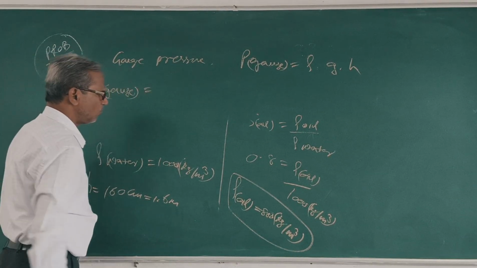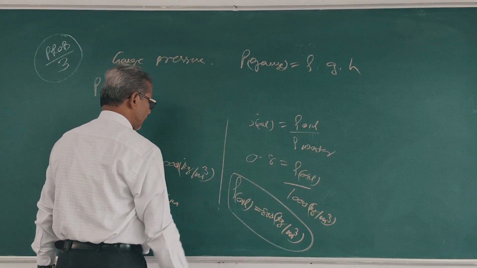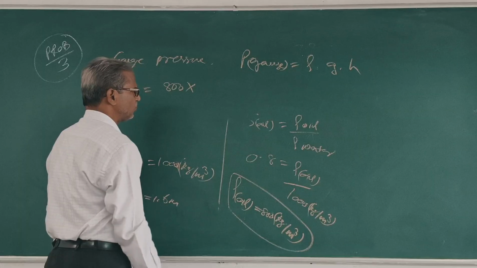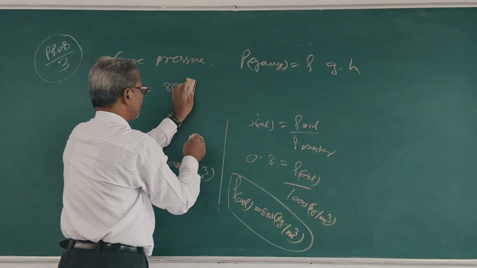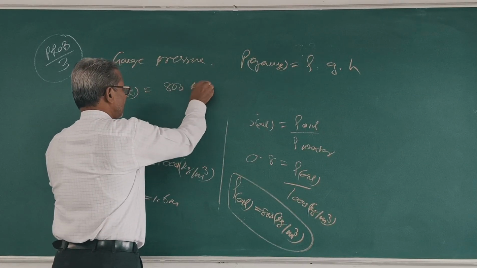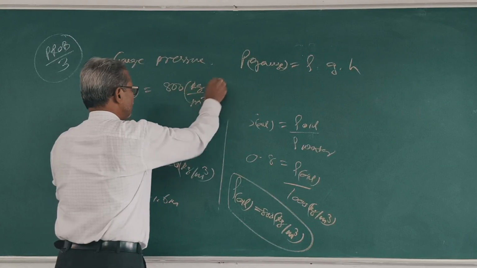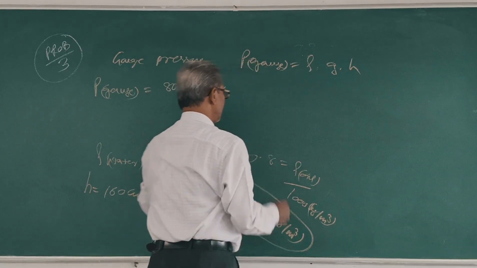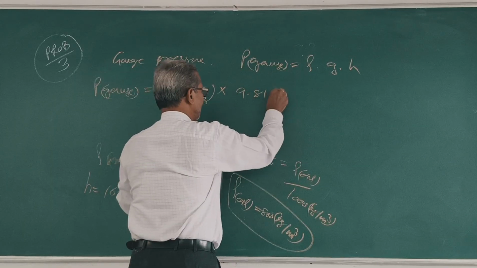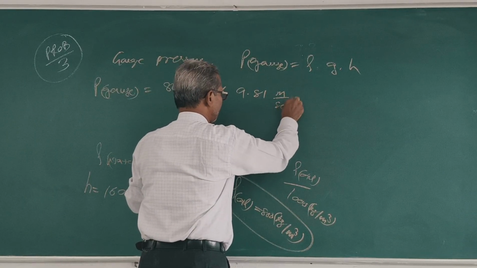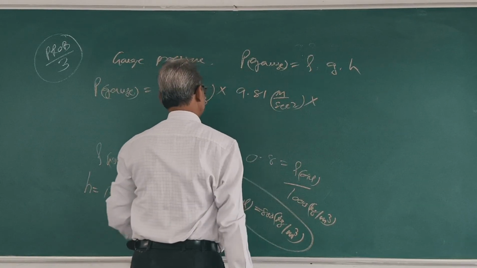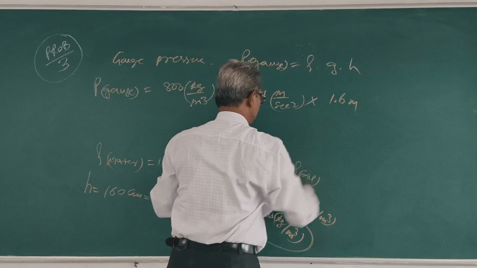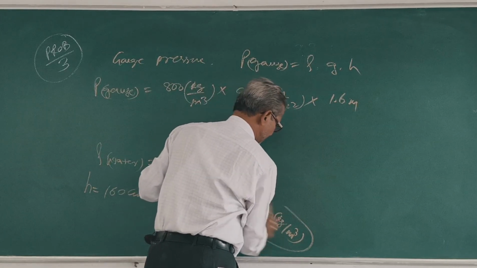Rho oil, 800 kg per meter cube, g, what is g? 9.81 meter per second square. Clear? What is h? 1.6 meter. This is the gauge pressure answer.